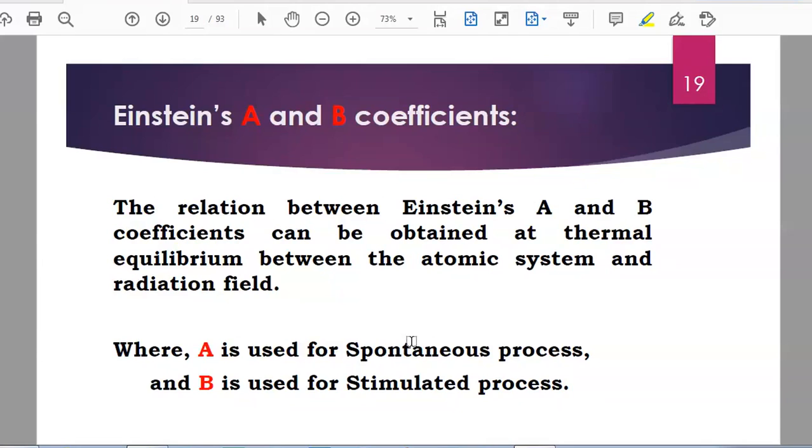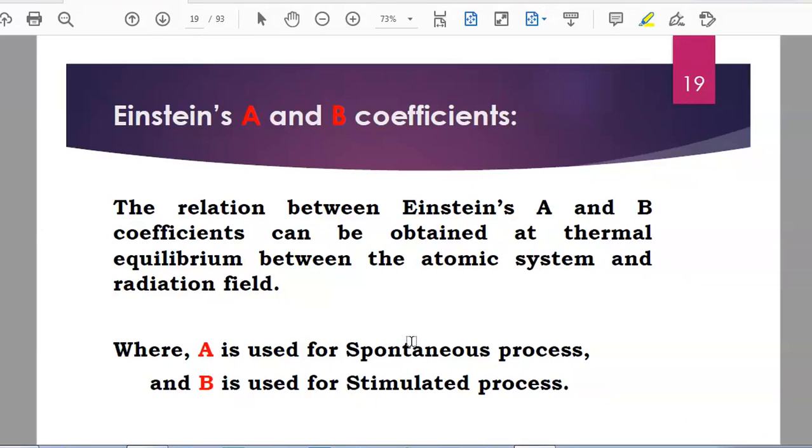Here again you see Einstein's A and B coefficients. This is again the base of laser physics, and we need to find a relation between A and B. What are A and B? These are the coefficients he considered, not constants but coefficients. A is used for the spontaneous process, and B is used for the stimulated process.